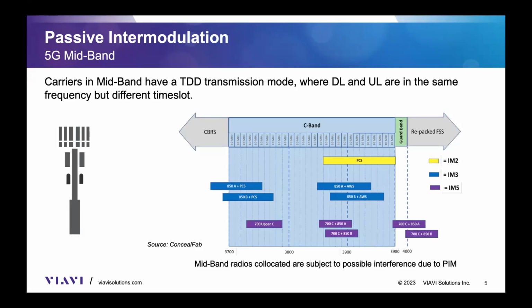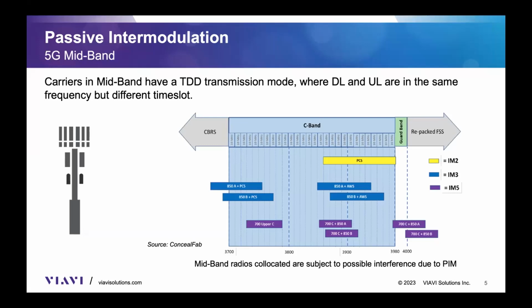problem. Now, this has been somewhat eliminated by the fact that different mobile operators, I believe, have come into agreement that they will be transmitting the same frame configuration. What that really means is that at the same time, they're going to be transmitting downlink, and at the same time, they're going to be transmitting the uplink.